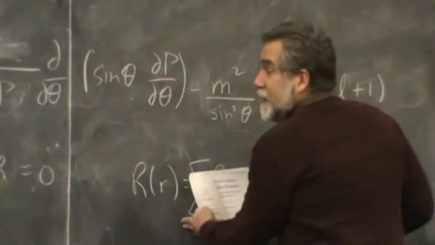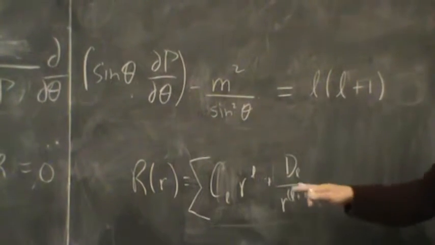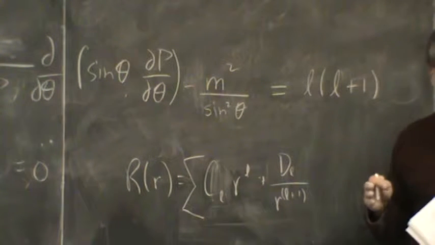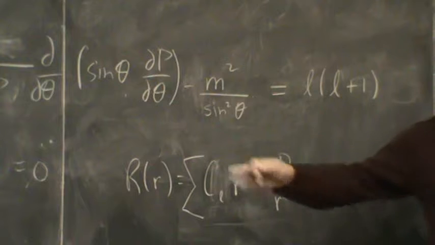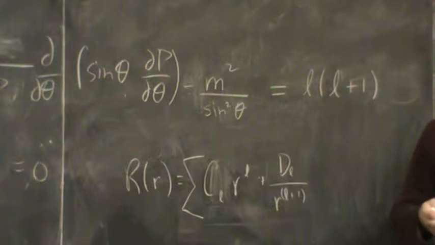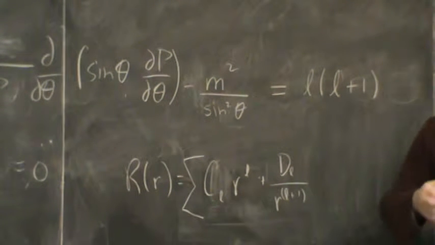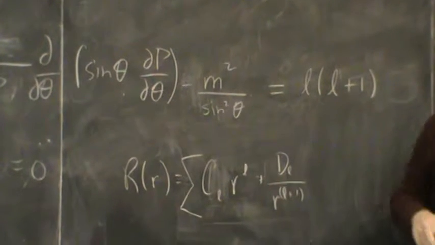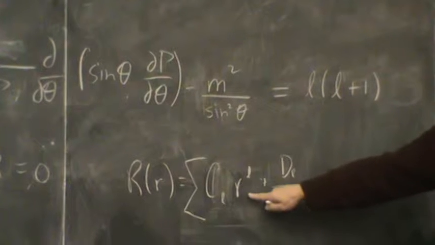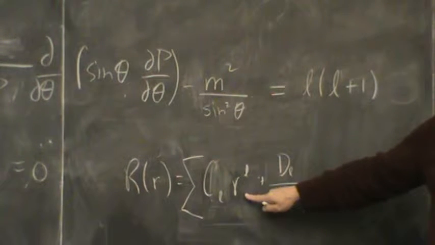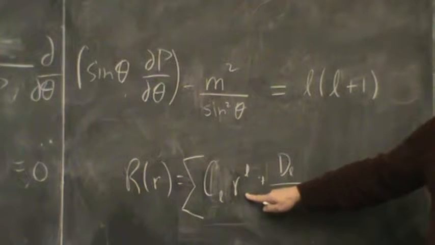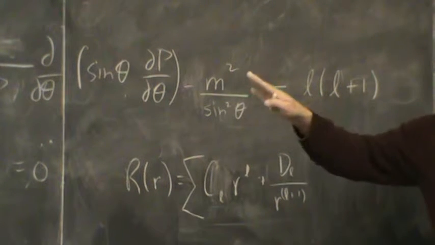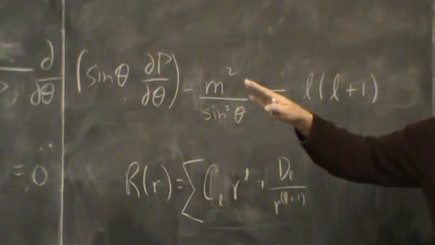We can get an idea of when these solutions are going to apply just by inspection. If we're solving for the potential in some space outside of a finite volume, so I might know the potential in here and I want to know what's going on at distance, if I had positive powers in there, it would become infinite. We know that's not going to be allowed because for finite charge distributions, we're going to set the potential at infinity equal to 0.